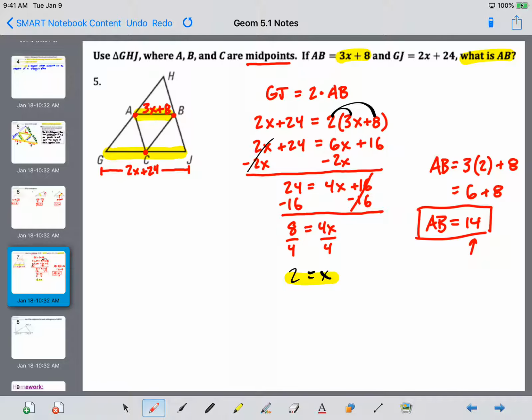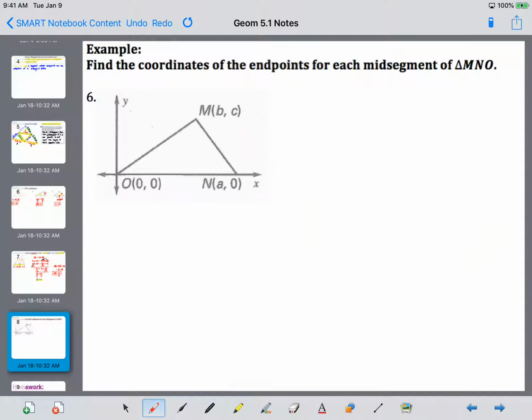All right, so we have example 6. Find the coordinates of the endpoints for each midsegment of M and O. Okay, so this is going to involve some algebra. We're not actually going to get numbers for our answers like we did in the previous examples.